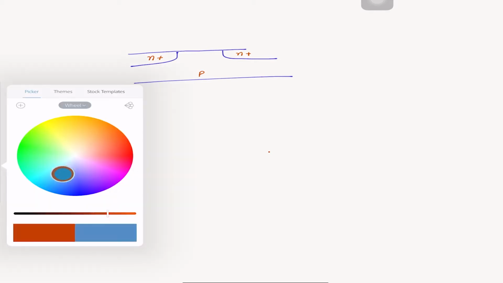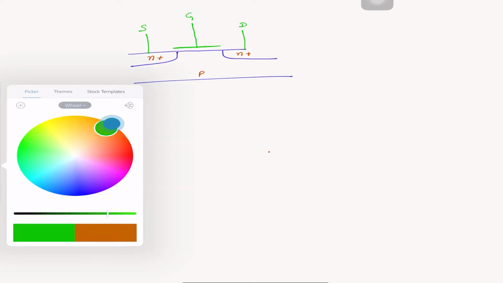And on this one you have a gate electrode, and let's say this is source, this is drain, this is gate. Okay, and here we put dielectric, silicon dioxide.